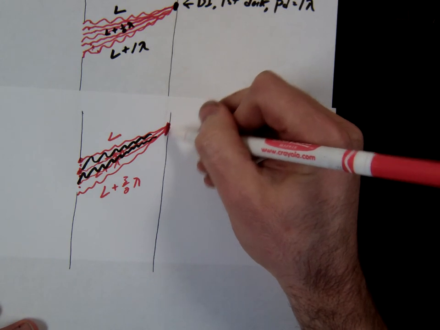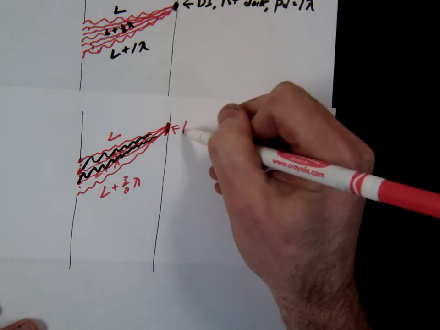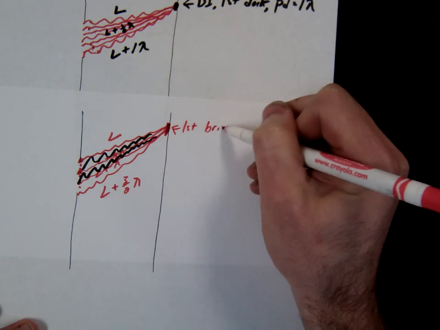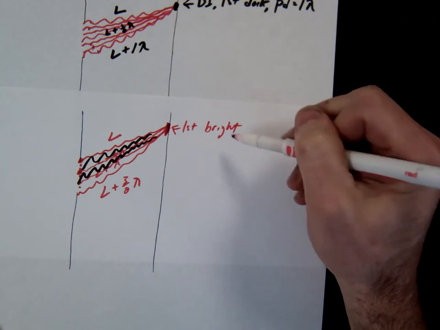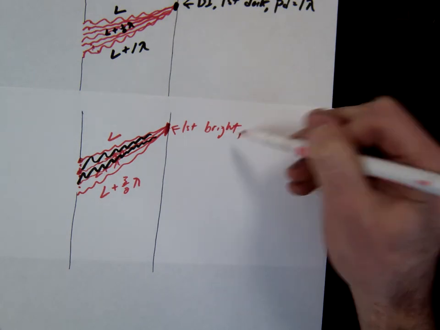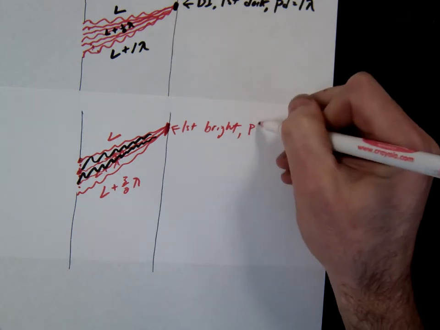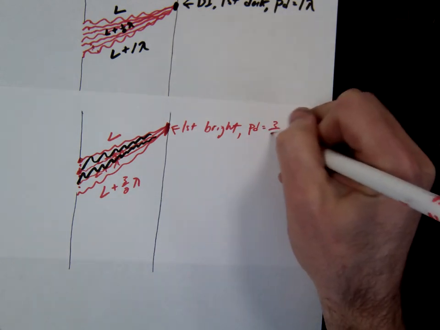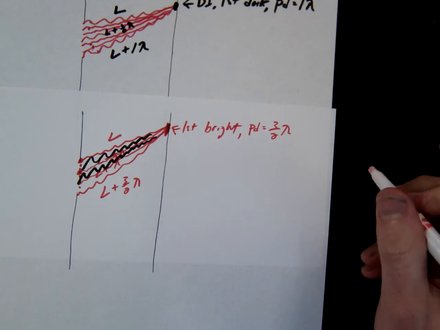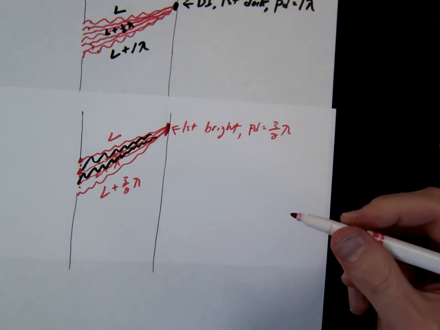At this region, we call this the first bright. In this region, you will have a bright spot over here. Now what's the path difference for this? 3 halves. So the first bright does not occur until 3 halves.